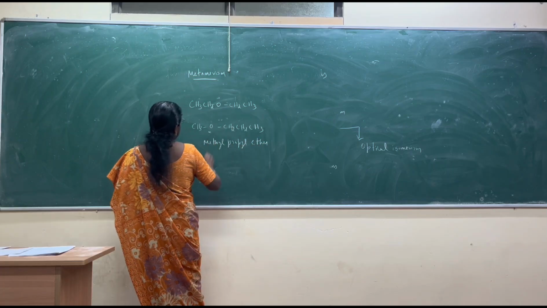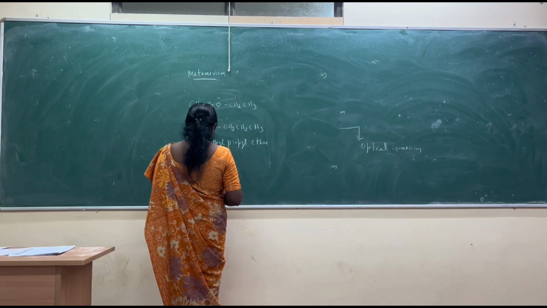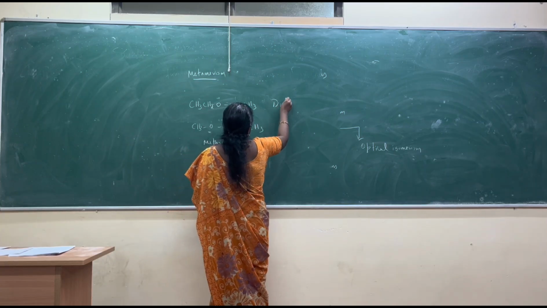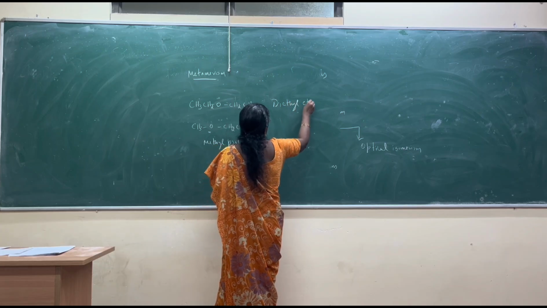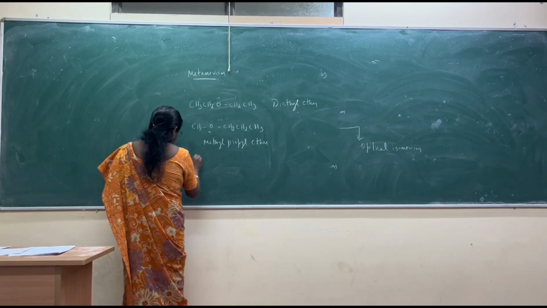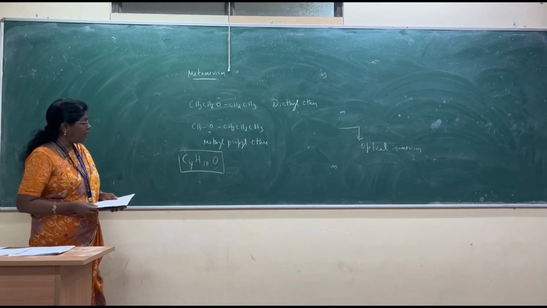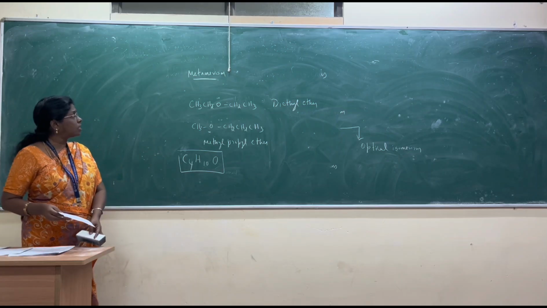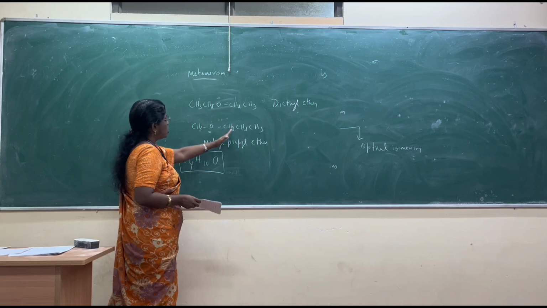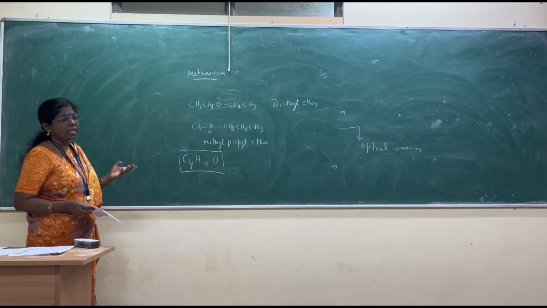The functional group is ether here. And this is diethyl ether. The molecular formula is C4H10O. Same molecular formula but different alkyl groups is an example of metamerism. Unequal distribution of carbon atoms on either side of the functional group is called metamerism. These are the structural isomerisms.